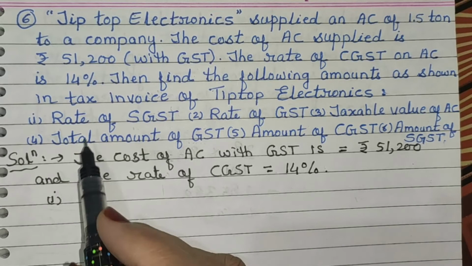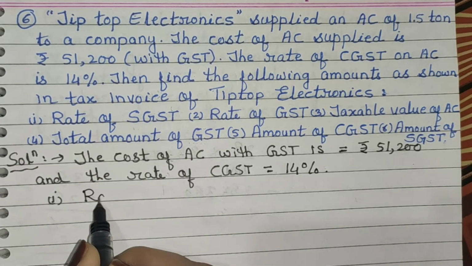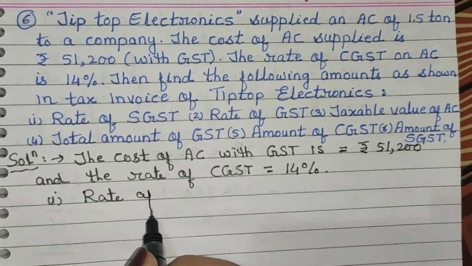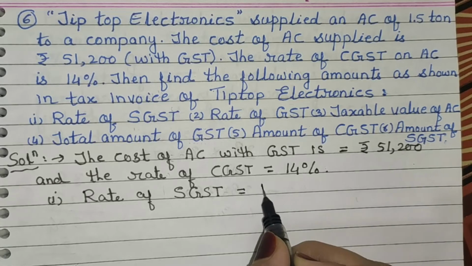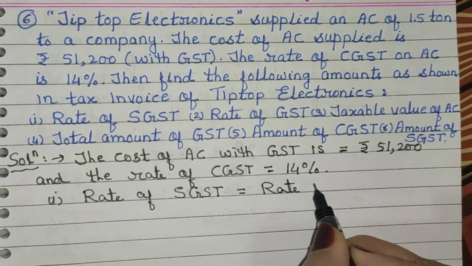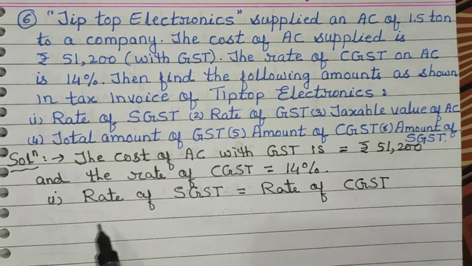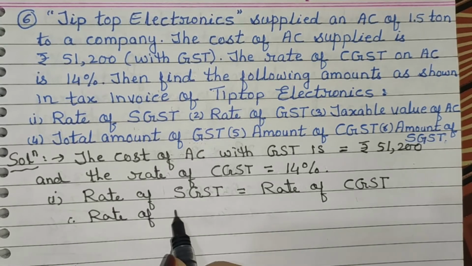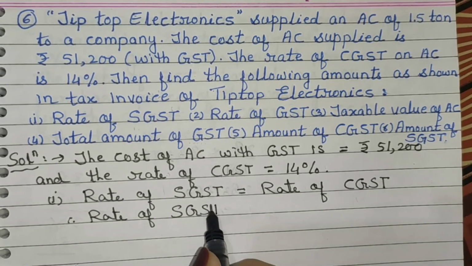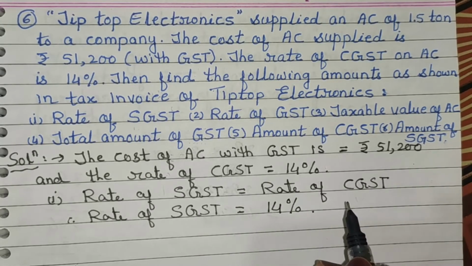Now the first amount is rate of SGST, therefore we know that rate of SGST is equal to rate of CGST. Therefore rate of SGST is also equal to 14%.